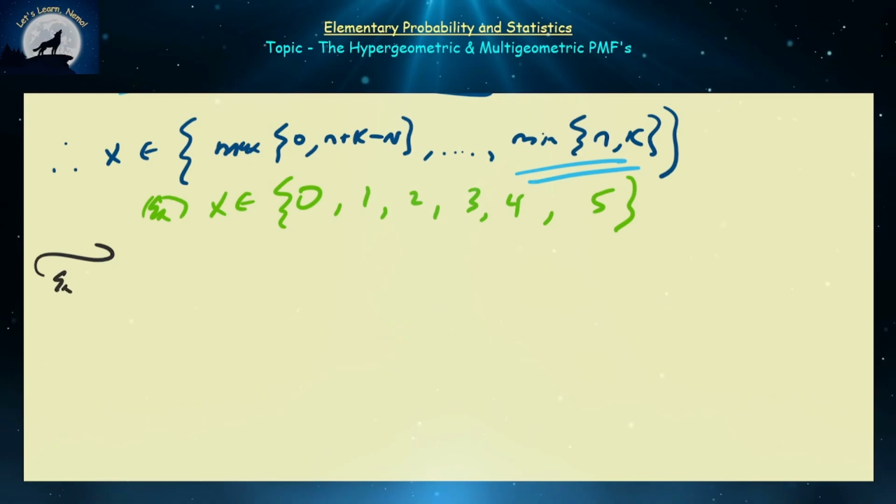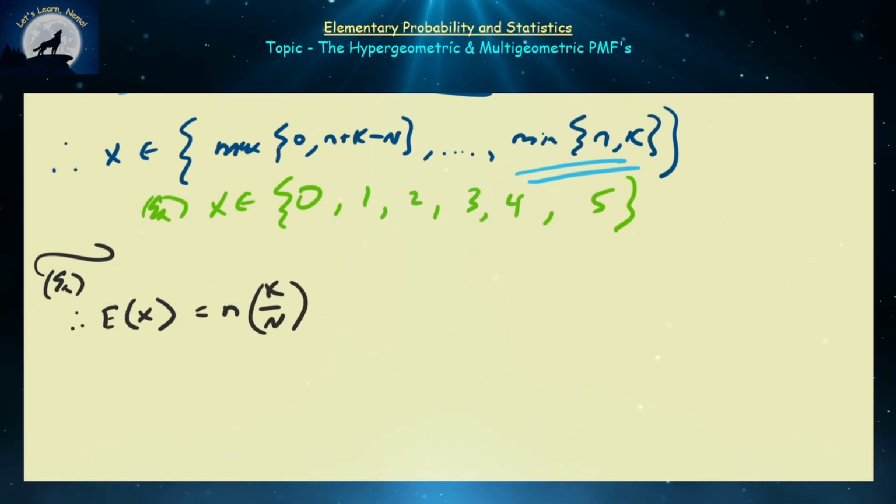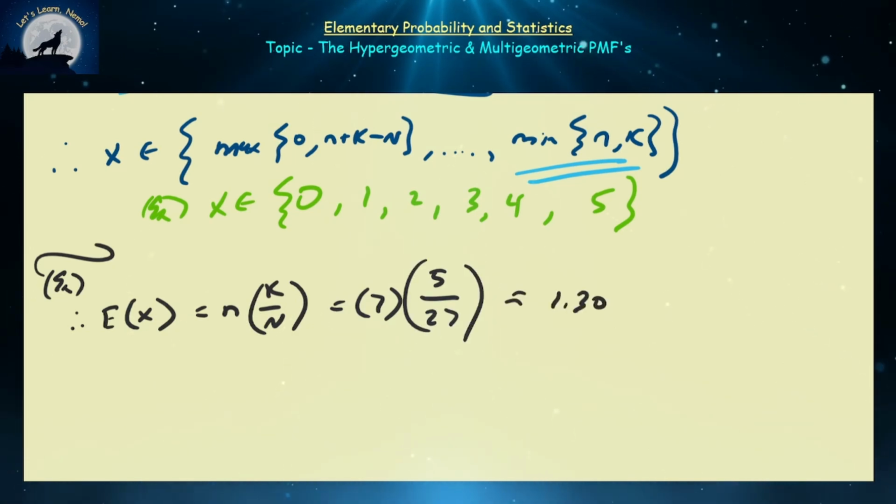So for our example, what is the expected number of sick people in our sample of size 5? Well, from the formulaic perspective, that's going to be n times capital K divided by capital M, which is our sample size of size 7, the number of sick people in our population 5, and our population of size 27. So we do expect there to be about anywhere from 1 to 2 sick people in our sample.